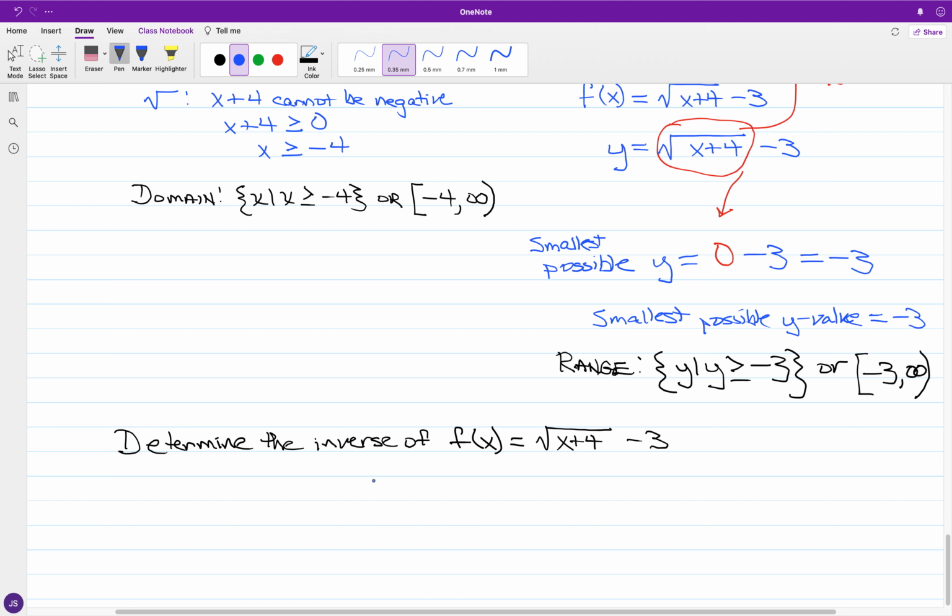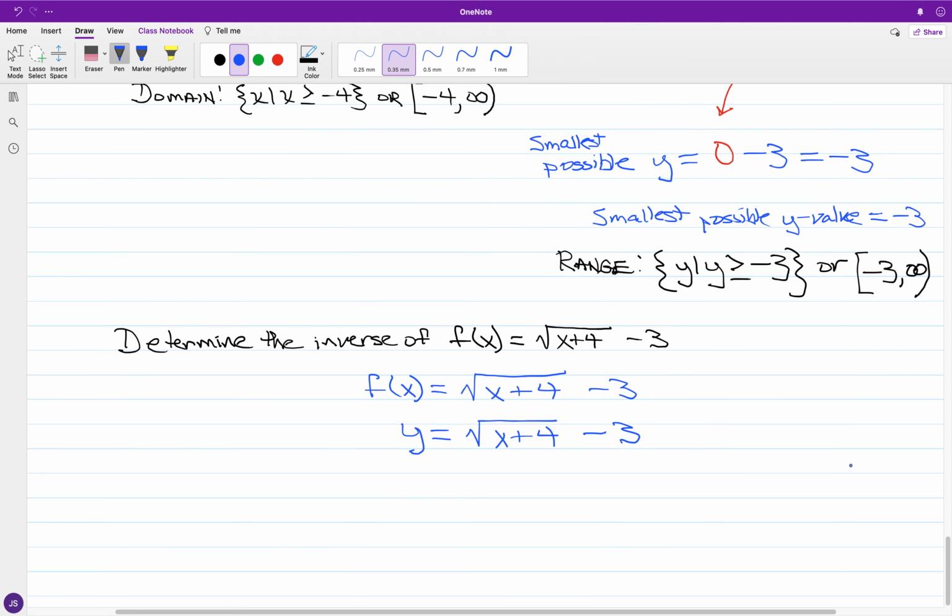So just starting out, you have f of x equal to the square root of x plus 4 followed by the subtraction of 3, and just writing f of x as y. So I have y is equal to the square root of x plus 4 minus 3, and then just crossing over to the inverse stage.